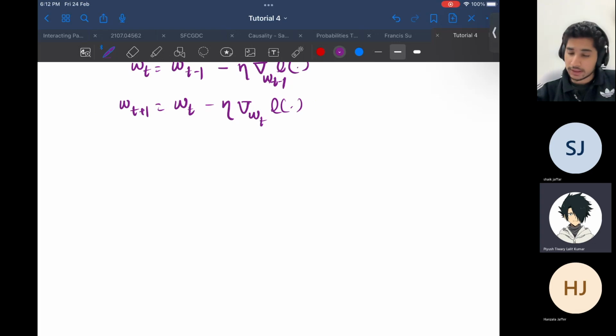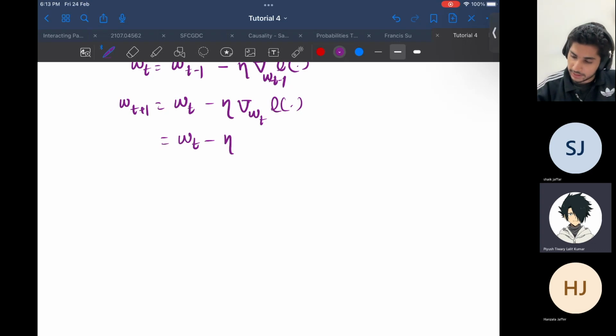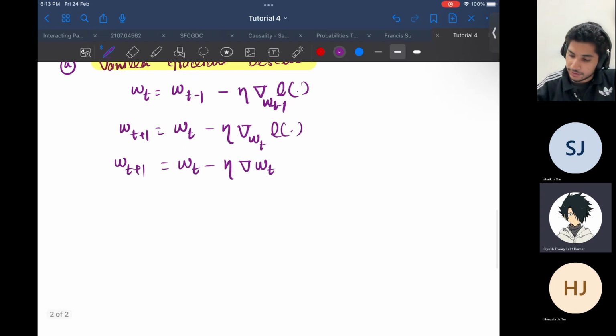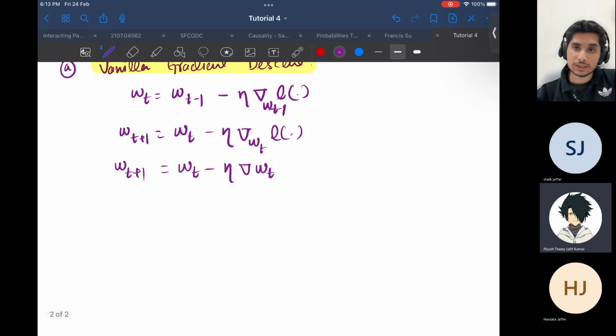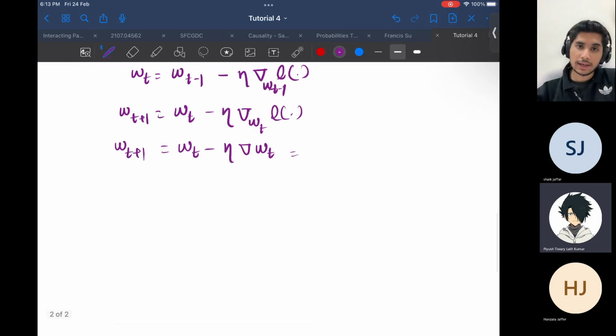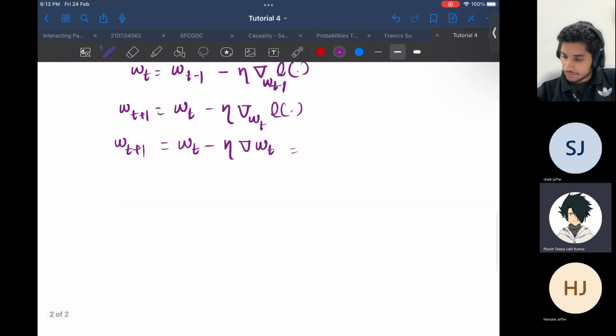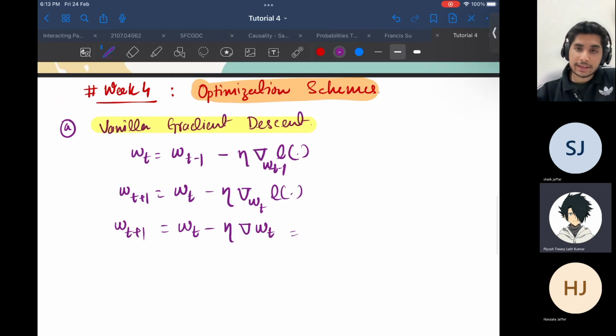In the lectures, the notation that we chose was the gradient with respect to w_t. We wrote something like this just to make sure that we are not lost in notations. This notation is very simple, so we will use this one throughout the lecture. Okay. So this was the vanilla gradient descent.